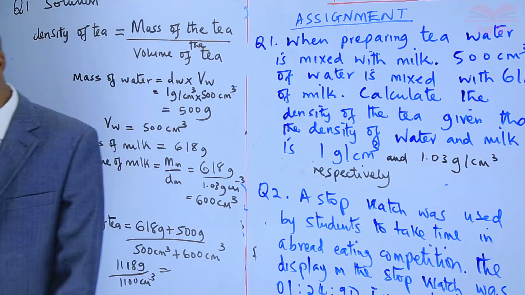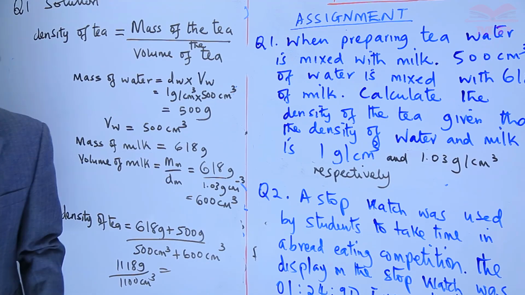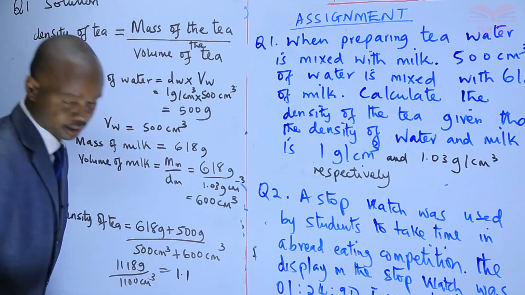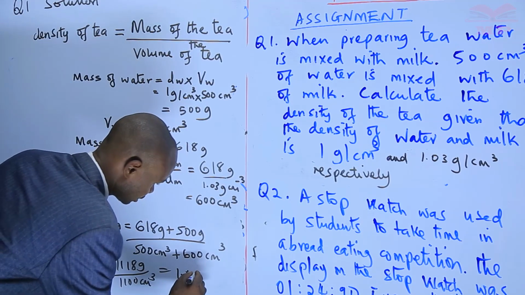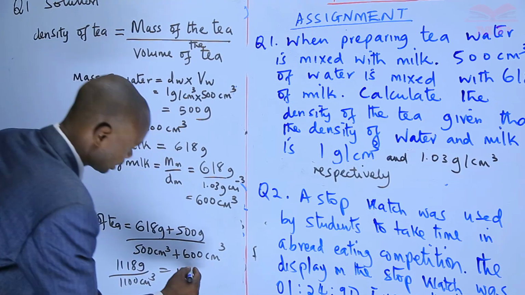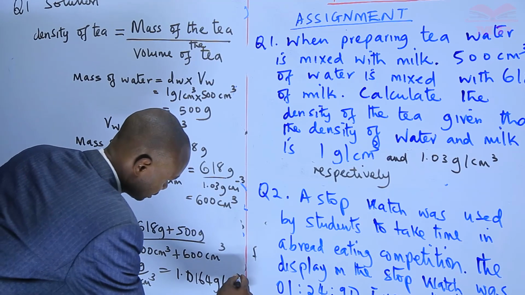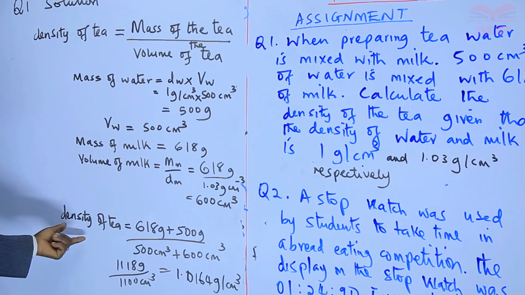If you work out that well, you shall end up having 1.0164. That gives us the density of the tea.